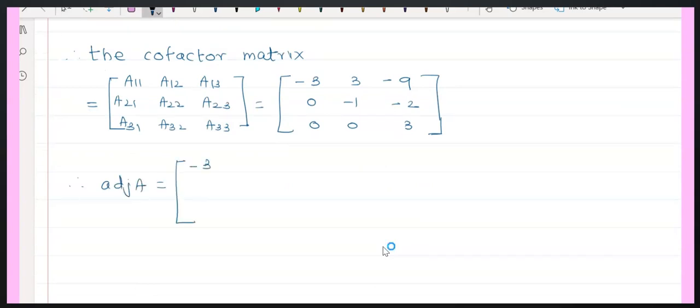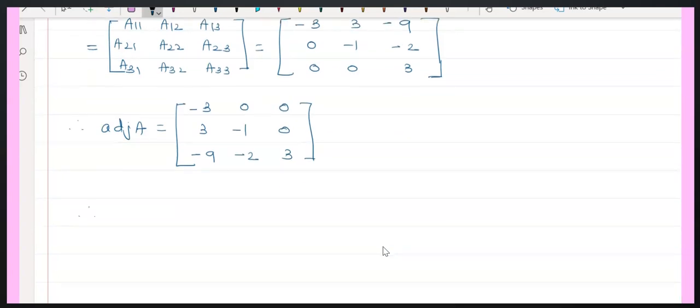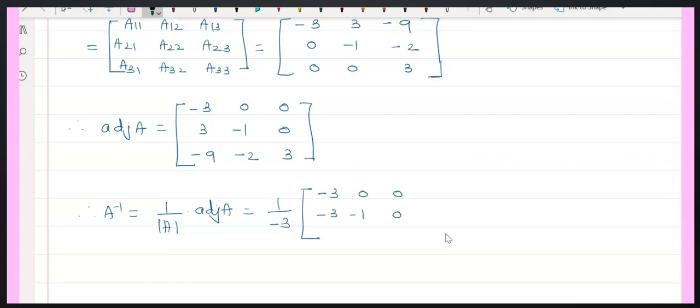Therefore, the adjoint of A is equal to 3, 3, minus 9, 0, minus 1, minus 2, 0, 0, 3. I am reading according to the column. Therefore, A inverse is equal to 1 upon determinant of A into adjoint of A. 1 upon minus 3. Next is 3, minus 3, minus 1.